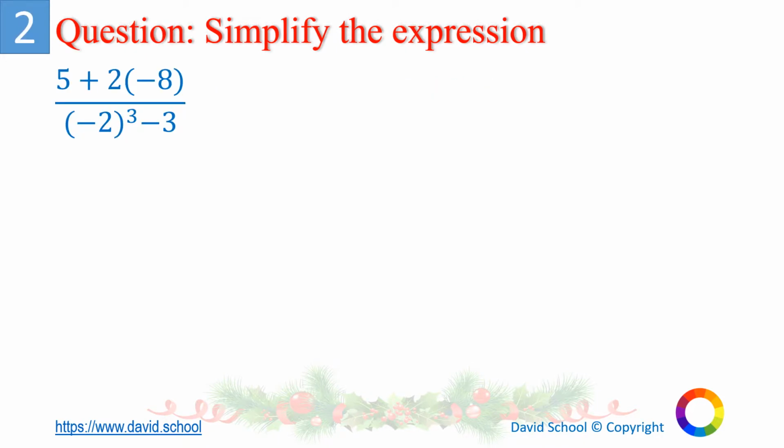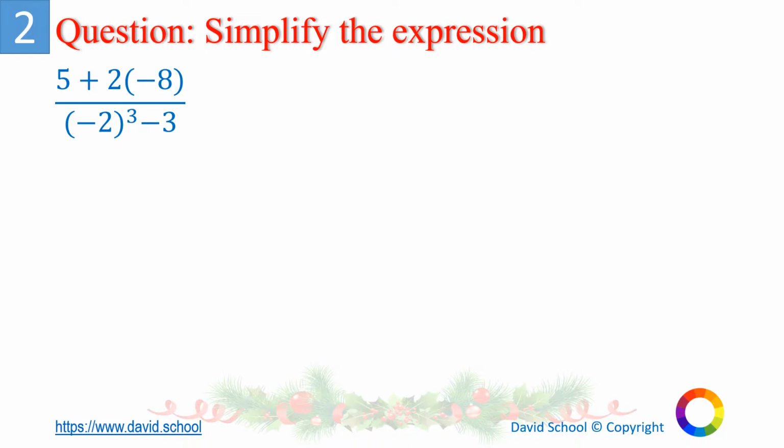Question 2. 5 plus 2 times -8 divided by -2 cubed minus 3. The fraction bar acts as a grouping symbol. Simplify the numerator and denominator before dividing.